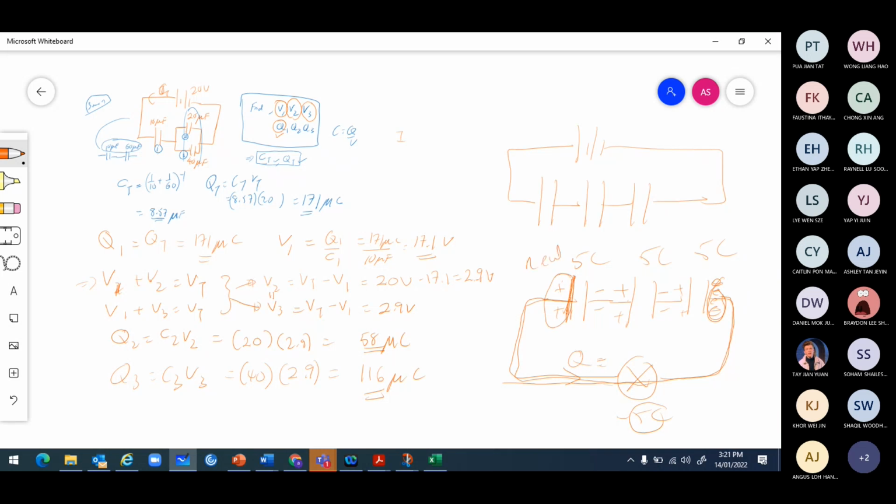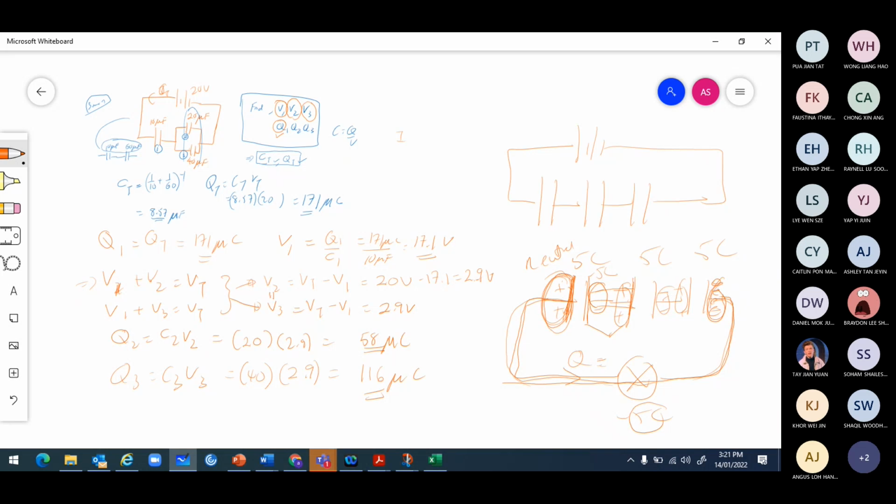It becomes neutral, because it's already a positive 5 coulomb. The negative 5 coulomb flows and reaches this plate, and it becomes neutral. In between these two plates, the negative charge in this plate will flow to the other side to neutralize it. So negative 5 coulomb will go to the second plate of this capacitor and neutralize it. The negative goes to the positive plate to neutralize it, so all are going to be neutralized.